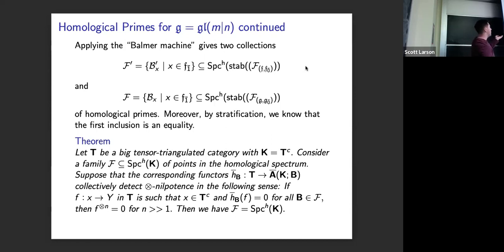There's this theorem of Balmer, I should have put credit here, that if you have a big TTC compactly generated, and a family of points of the homological spectrum such that the corresponding homological residue fields collectively detect tensor nilpotence, so you're going the other way. I have a collection of homological residue fields. If you show that it detects tensor nilpotence, then that collection had to have all the homological residue fields.